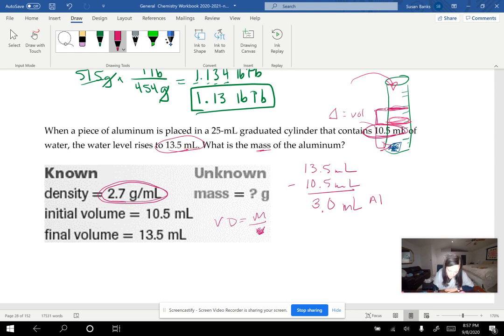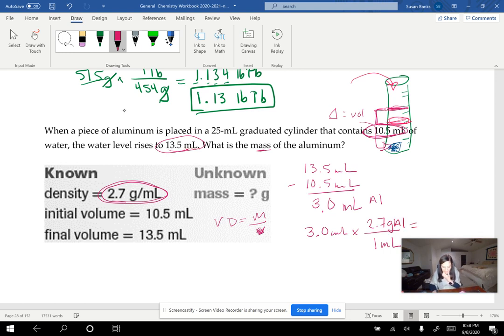So let's start with my volume. I have 3.0 milliliters of aluminum. I want my milliliters to cancel, so I'm going to put the milliliters of my density on the bottom. So in 1 milliliter, I have 2.7 grams of aluminum.